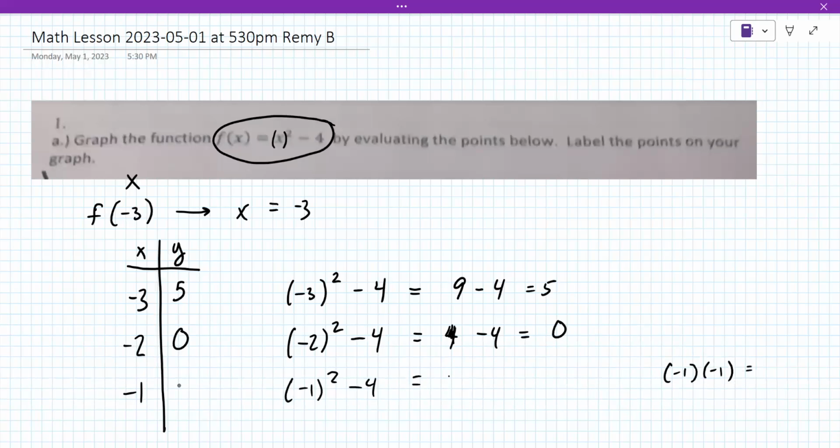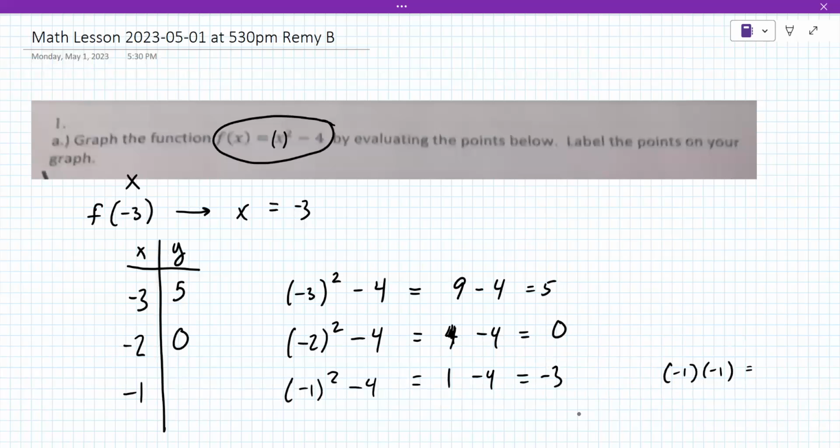That's positive one. Sorry, two negatives make a positive. So one minus 4, what does that become? -3. Yes, not 0.